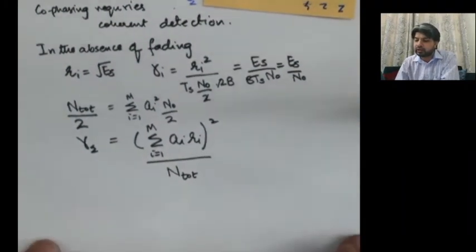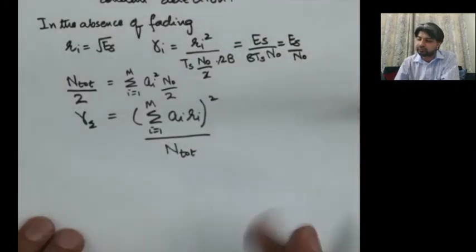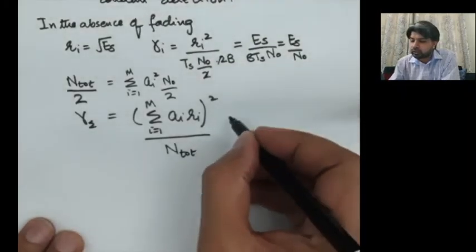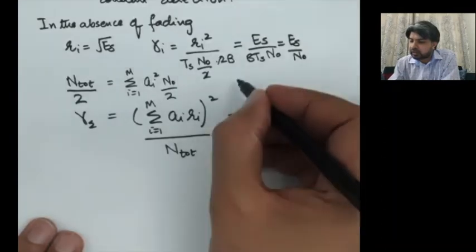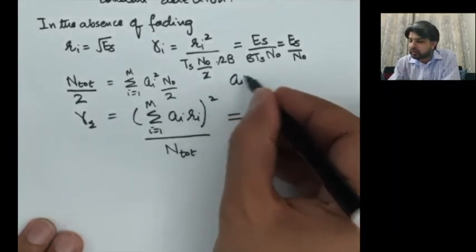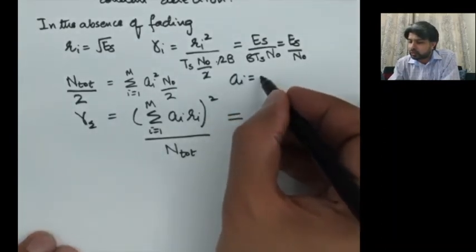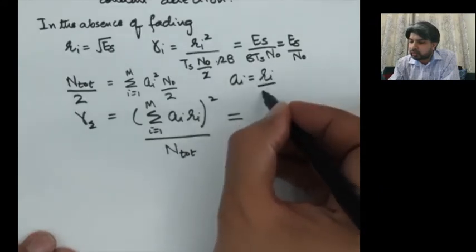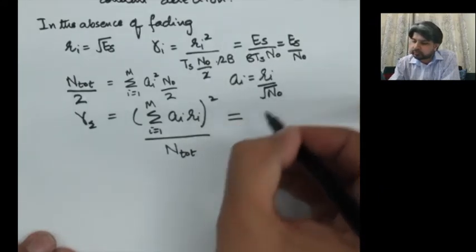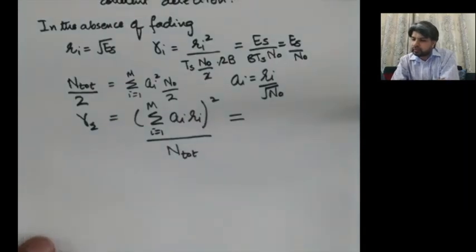Now let's see whether or not we get some gain here. To compute that, let's assume that your a_i is equal to R_i over root N0, where R_i is also root Es for each of the branches here.